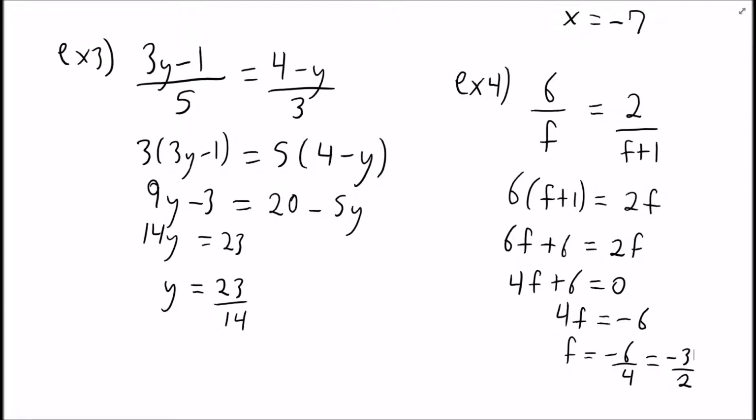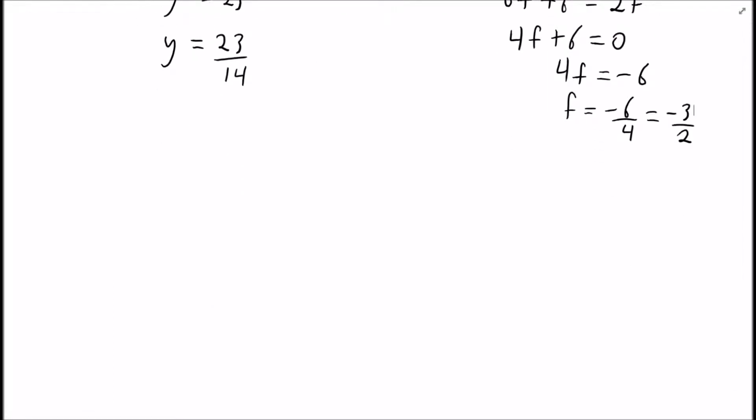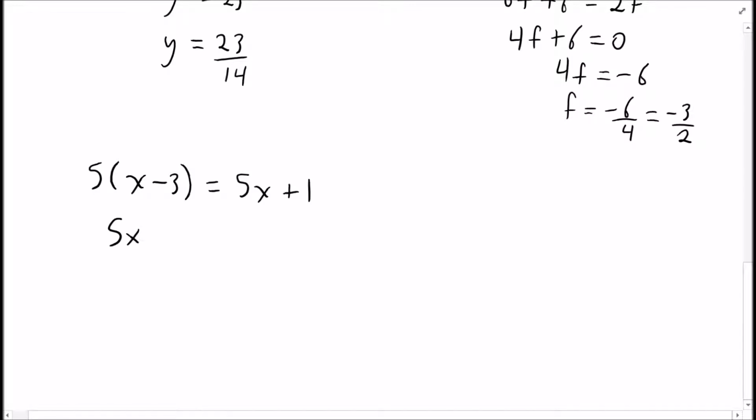Let's do an example, like I said before at the beginning, where the letter disappears. So if I had something like 5 bracket x minus 3 is equal to 5x plus 1. This time I multiply the 5 in, so I get 5x minus 15 is equal to 5x plus 1.